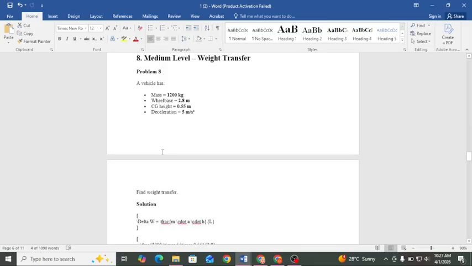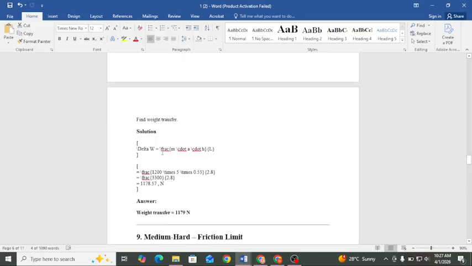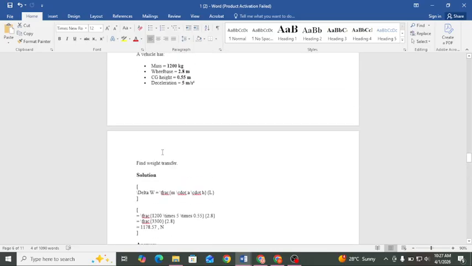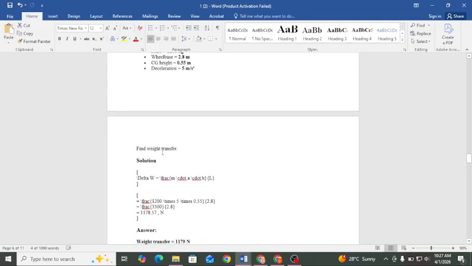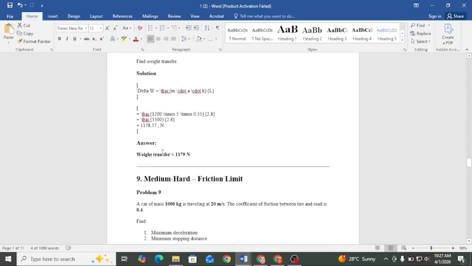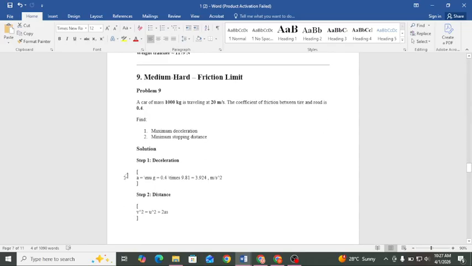The deceleration is 5 meter per second square. Then find the weight transfer by multiplying all these given values, which comes to 1178.57 Newton for the weight transfer. Approximately we consider it 1179 Newton. Then the medium hard level, the friction limit is here.